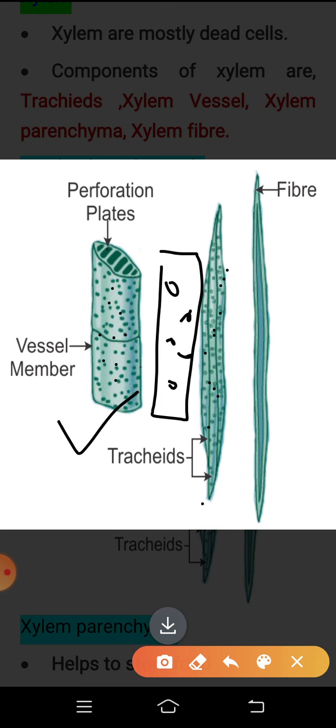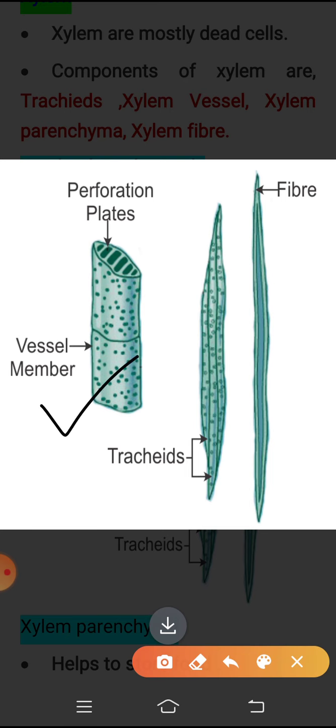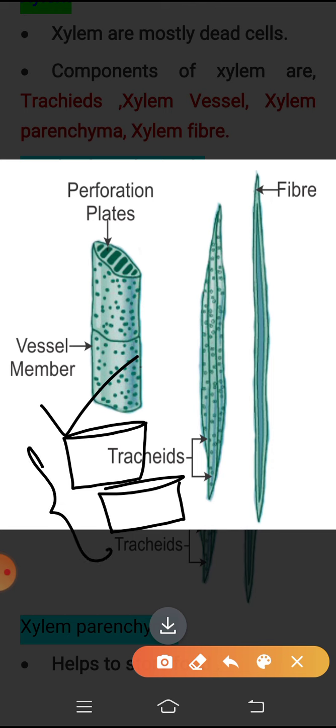Then how do these vessels conduct water and minerals? As I told you, the tracheids have pits on them, so because of them water and minerals both are conducted. Whereas the vessels are placed from one end to another end.